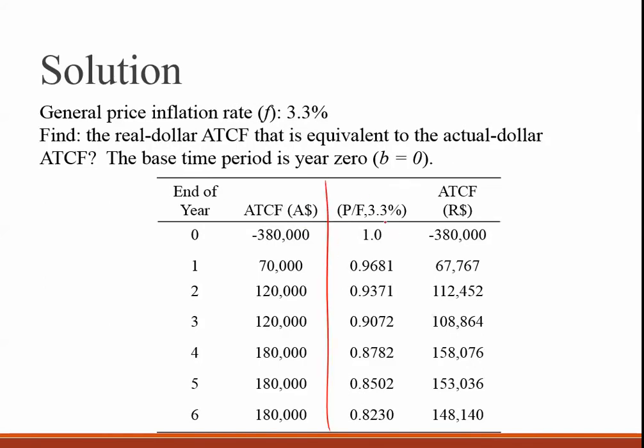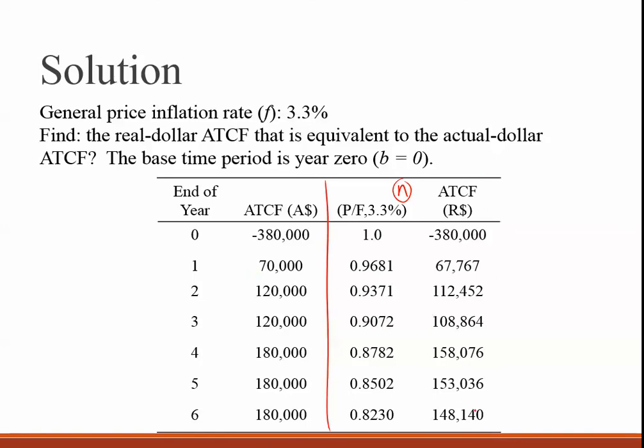So I'm going to multiply each one of these times P given F, 3.3, and you're noticing that it's missing n. Well, the n here is this one, but it changes for every row. So that's why they didn't write it in. So 1 for this one, 2 for that one, 3 for that one, because these cash flows are happening further out and you have to strip more inflation from them. And this is what my after-tax cash flow ends up being.